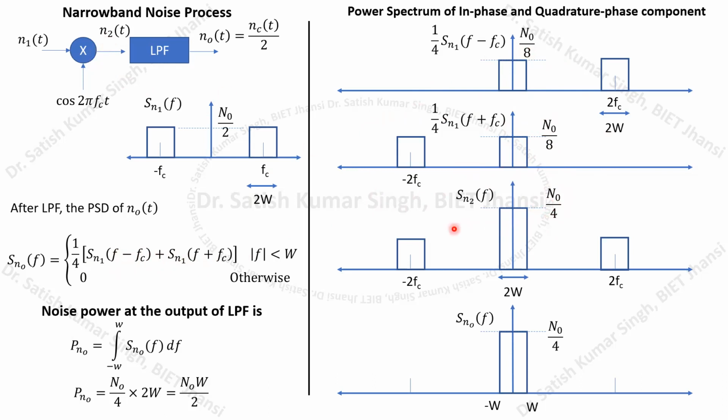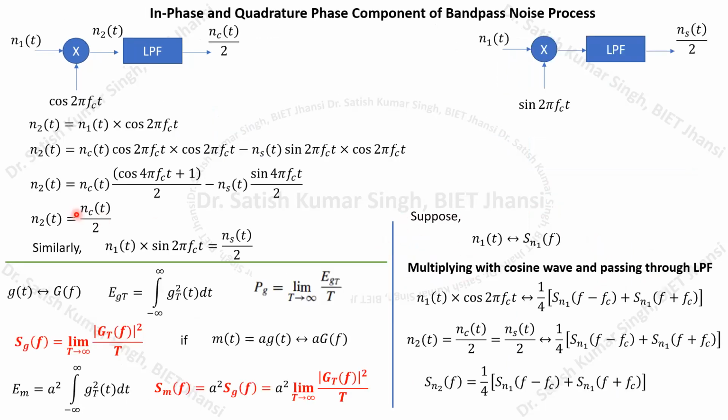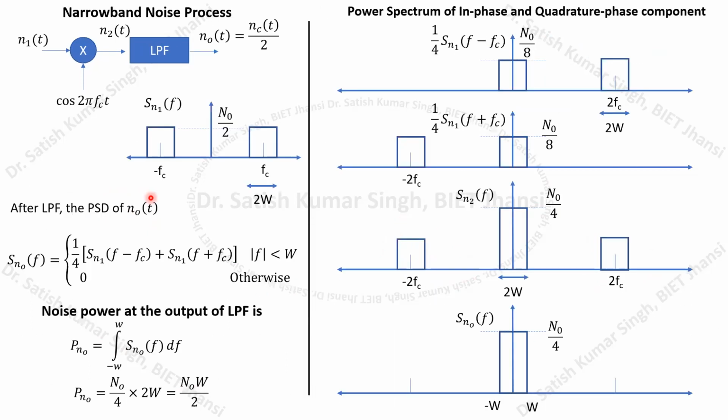And here we can see that we are going to get two extra components, one at F equals 2FC and another at F equals minus 2FC, which we have already seen here. You can see this is the component cos 4 pi FCT, because it is centered at 2FC, and therefore we get this type of PSD curve.